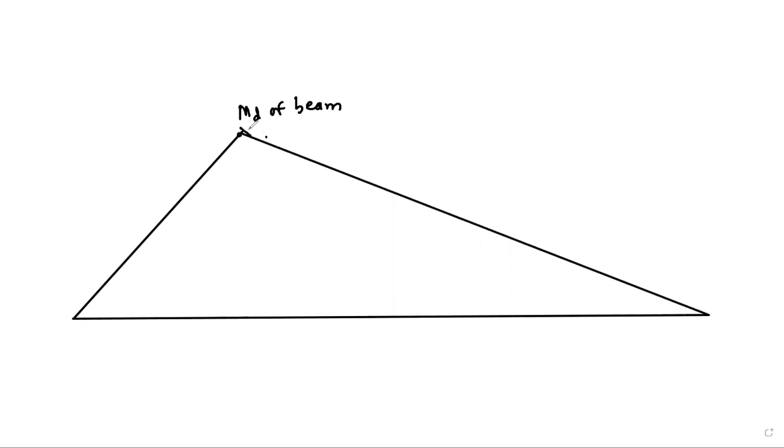The value of this ordinate is equal to 3.75, RA into X. Draw it right below, whether you have done it together or separately. Now I have to draw the ILD for H into yD.